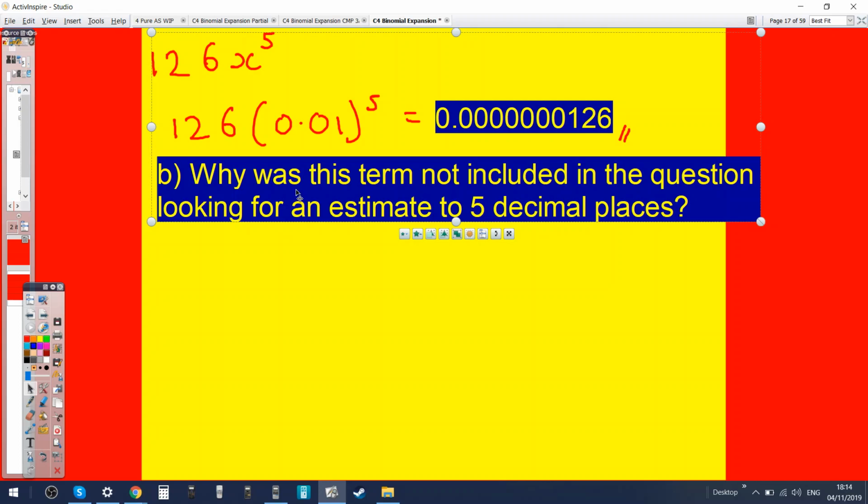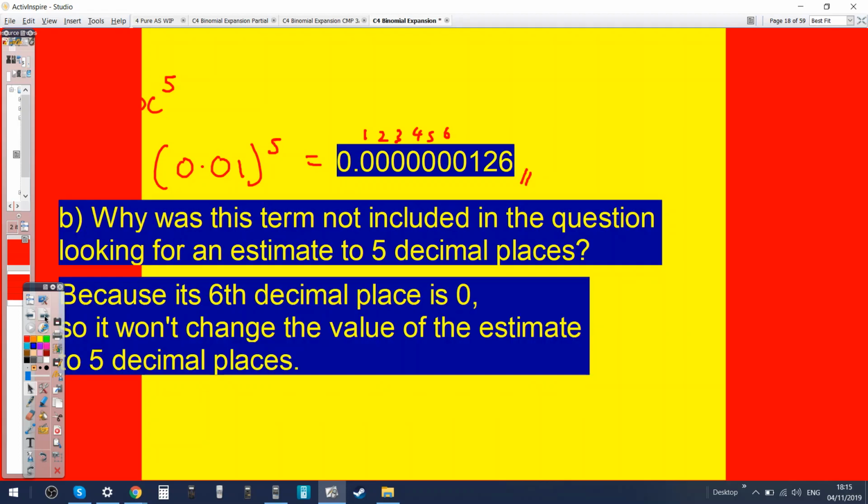So you will never accidentally. You could check an extra term if you wanted to, but it is a part B type of question. So part A, expand the first 4 terms, and then part B, use your expansion to estimate this value. Okay. Yeah.